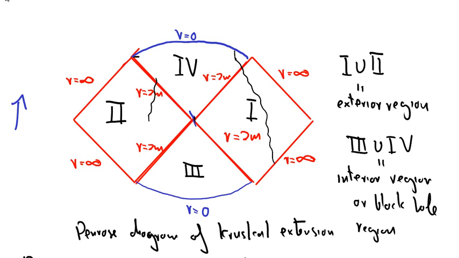Once an observer enters region 4, he cannot leave region 4, and in fact he will hit the singularity no matter what he does. So this singularity cannot be avoided, and the observer will get destroyed by the singularity. And this is only by looking at the Penrose diagram.